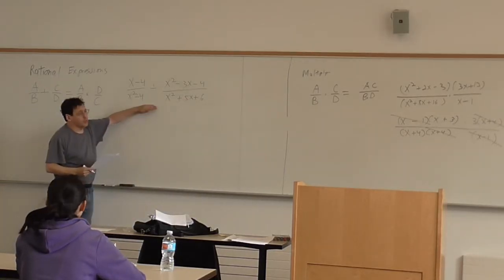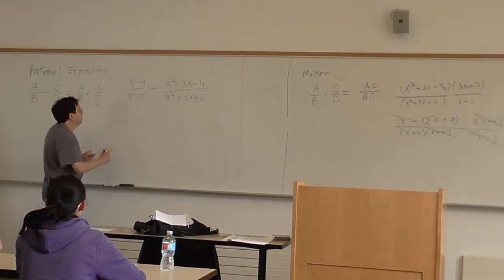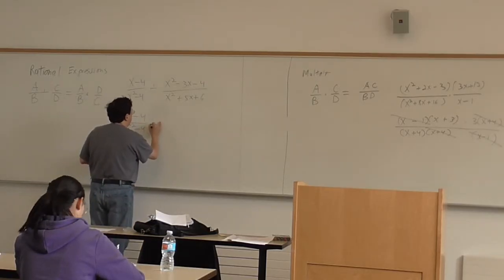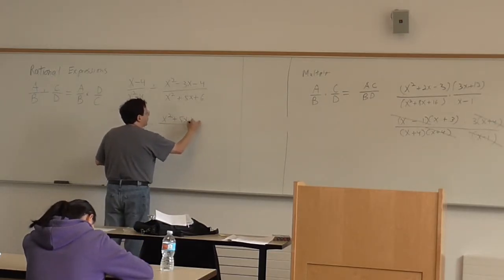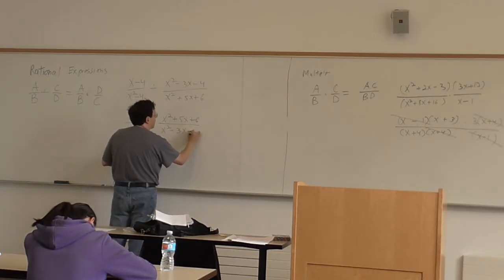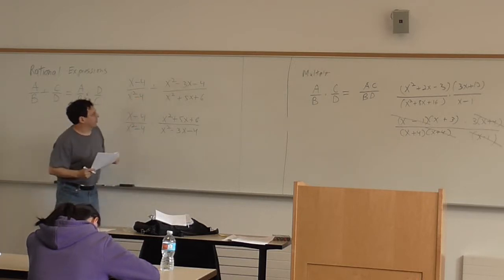Well, the first thing we want to do here is, instead of dividing, we want to multiply by the reciprocal. So x squared minus 4, times x squared plus 5x plus 6, over x squared minus 3x minus 4. The reciprocal of this expression.